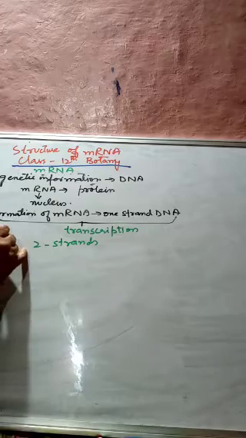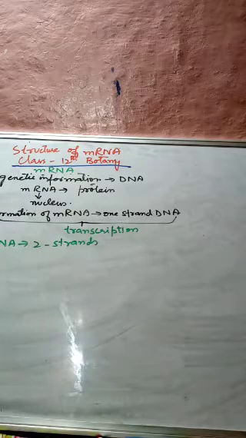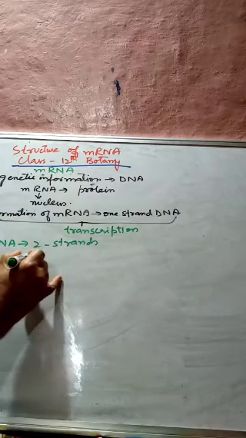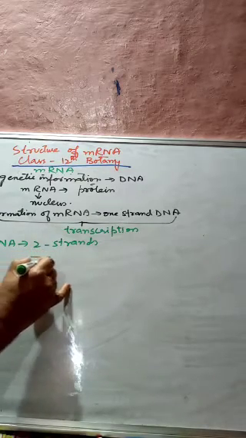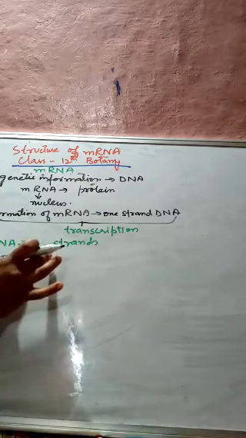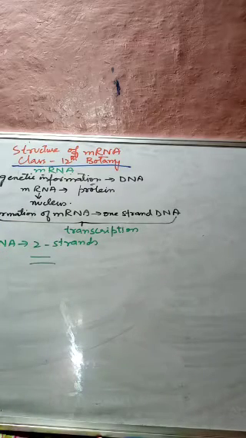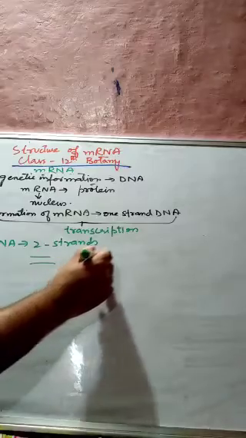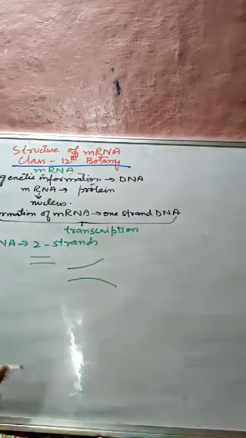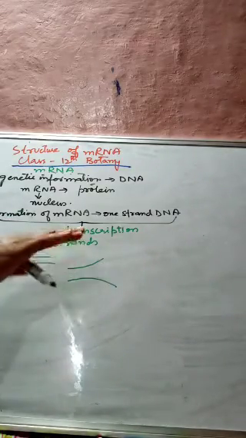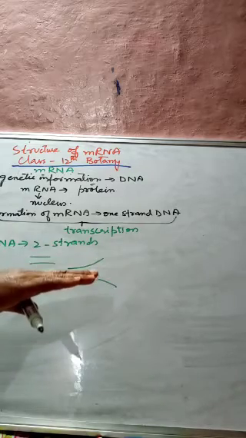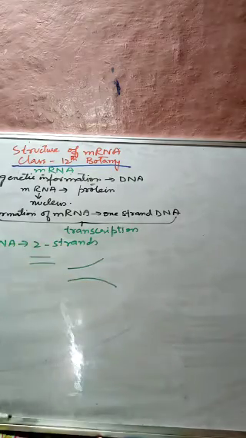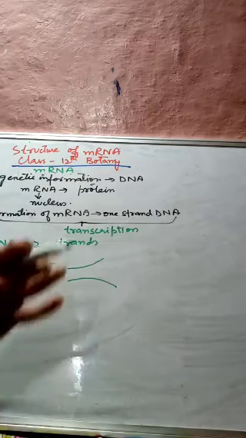DNA, if we talk about it, has two strands. When replication takes place, these two strands break up and separate from each other.